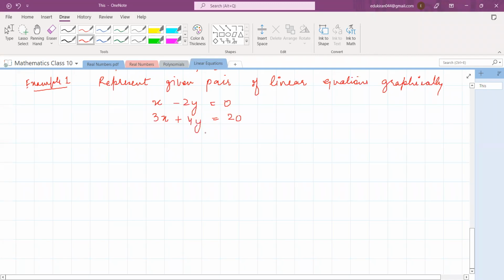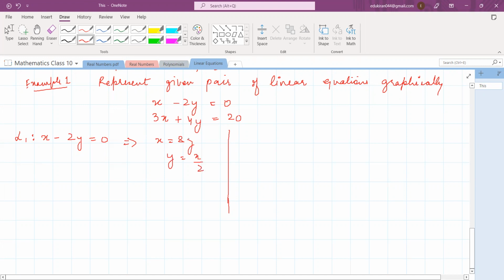So let us try to quickly plot them. On one side I'll solve for the first line and then the second. Taking the first one, x minus 2y is equal to 0, which I can call line 1. From here, x is equal to 2y, so my y will become x by 2.